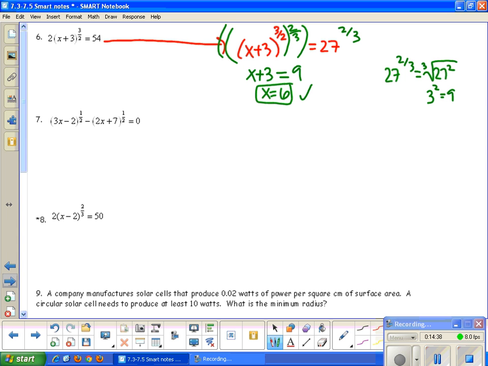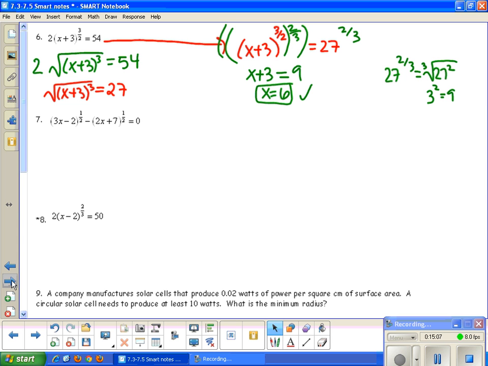I could have also put this in radical form in the beginning if I wanted to, so I could have done 2 times the square root of x plus 3 cubed equals 54, and then I could have isolated like I did before. So I could, in this case, divide the 2 and I get the square root of x plus 3 cubed equals, and then 54 divided by 2 is 27.